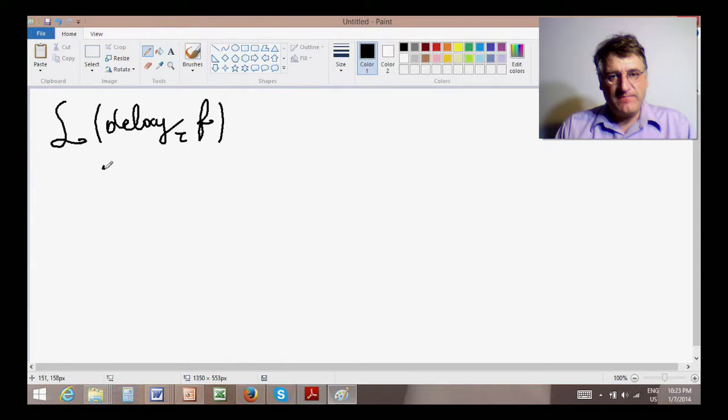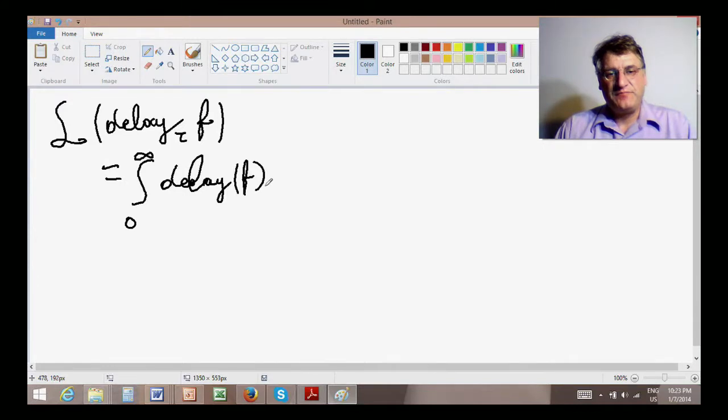By definition, it is the integral from 0 to infinity of delay of f. I put the little tau index here to remind us that the delay has value tau, e to the minus st dt.